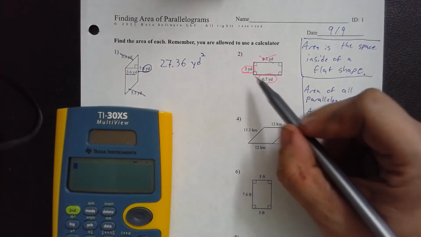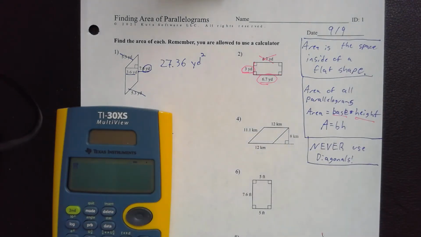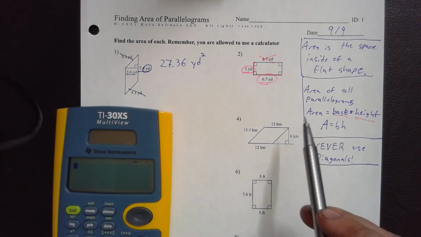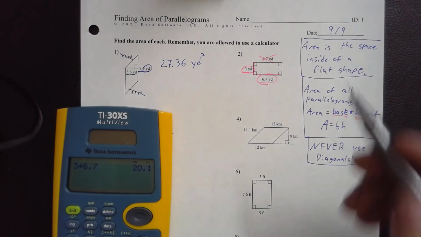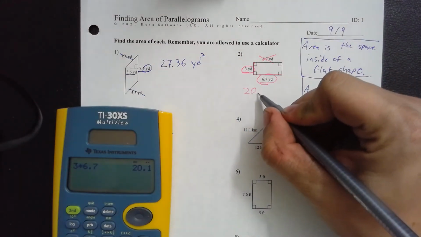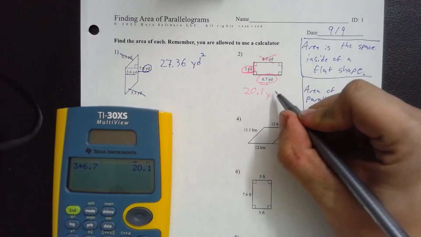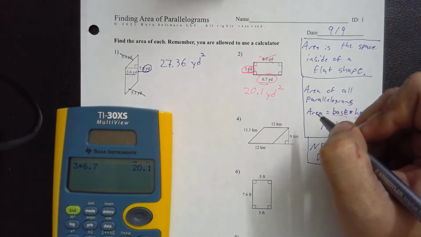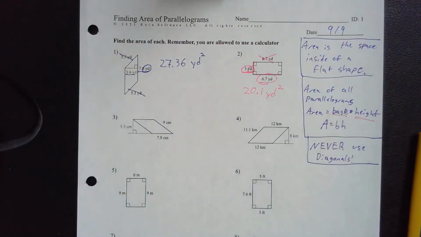We should only be multiplying two numbers whenever we find area of a parallelogram. Only two numbers are needed. Don't ever use 3. Let's go ahead and multiply those and see what we get. 3 times 6.7, and I got 20.1. So 20.1 looks like it's yards again, and a little 2.